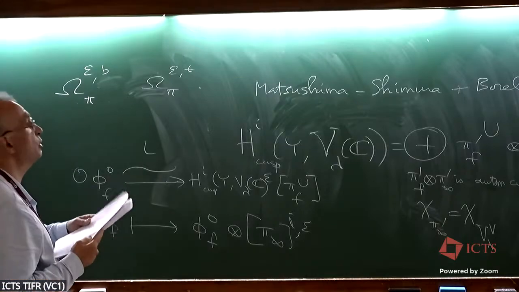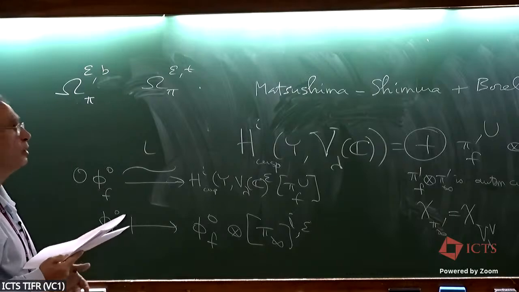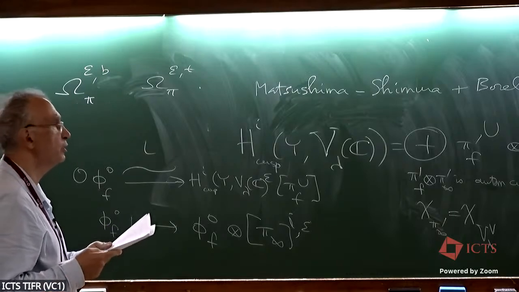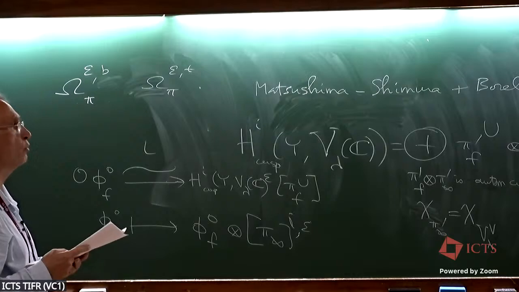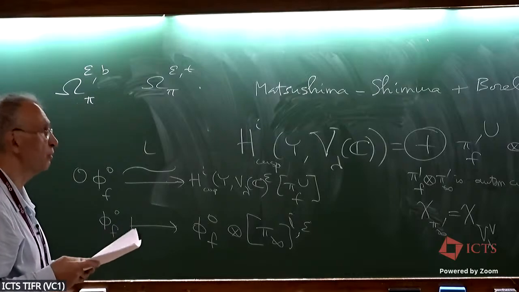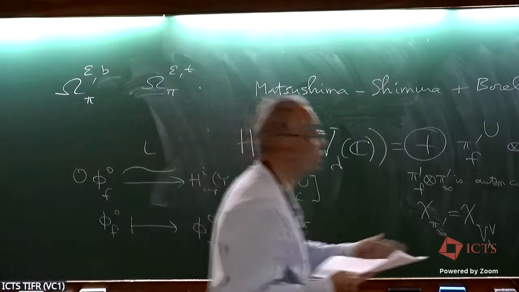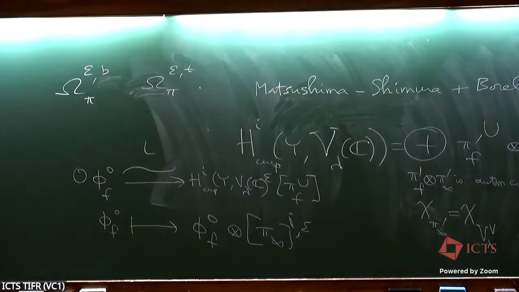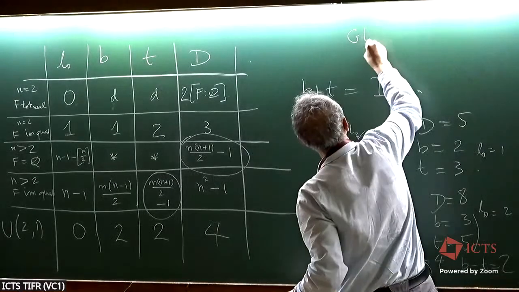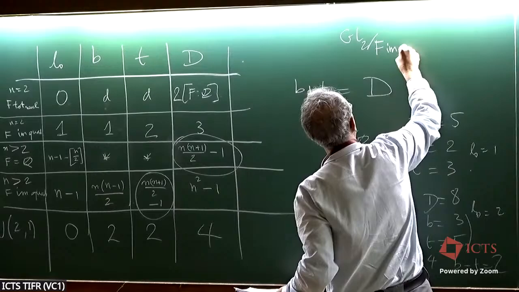So this has been defined by Eric Urban in his thesis in 1995 in the case of GL2 of an imaginary quadratic field. So in that case, maybe I should have said that there is another interesting case, which is GL2 of imaginary quadratic.